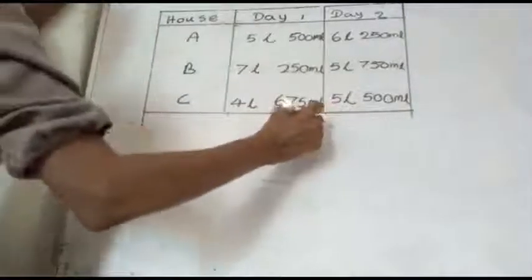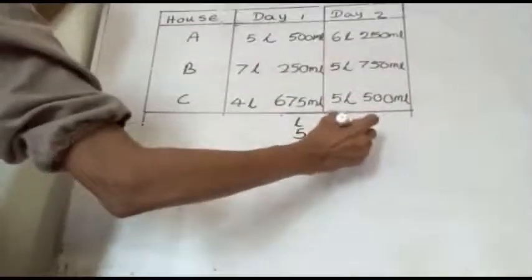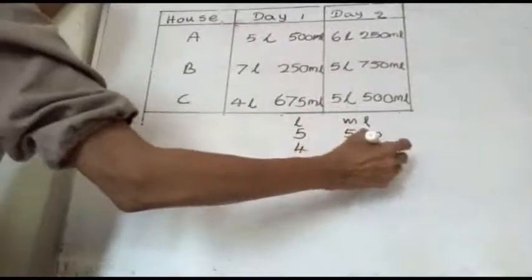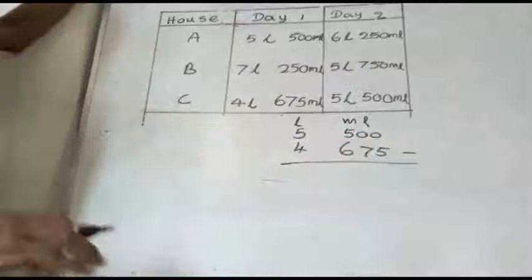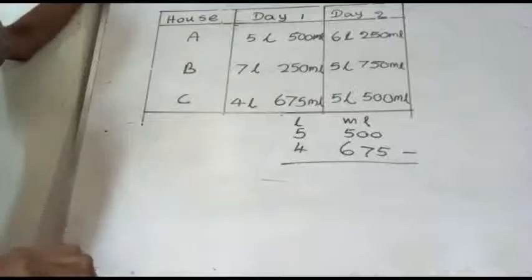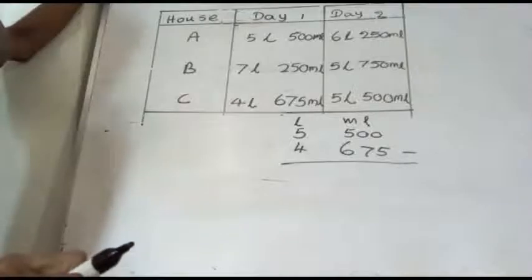Here liters, milliliters, 5 liters and 500 milliliters, 4 liters and 675 milliliters.